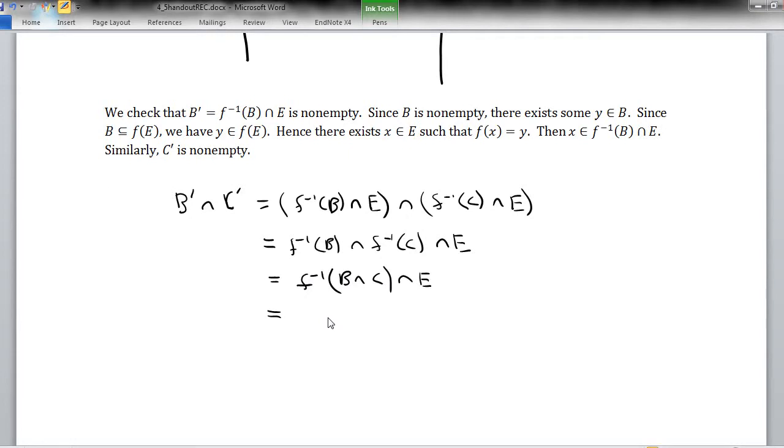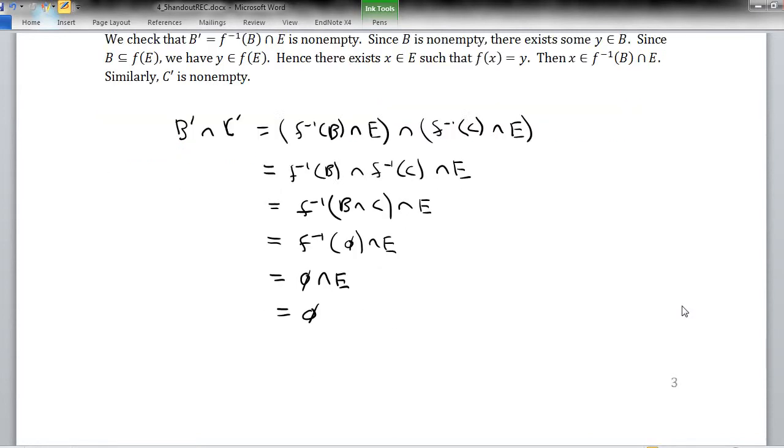And then B intersect C, well, remember those are assumed to be disjoint sets, so their intersection is the empty set. So this is f inverse of the empty set intersect E, and f inverse of the empty set is just the set of all things which map into the empty set, and that's nothing, right? So this is the empty set intersect E, and the empty set intersect with anything is the empty set. So we're good. We get that B prime and C prime are disjoint. Okay.